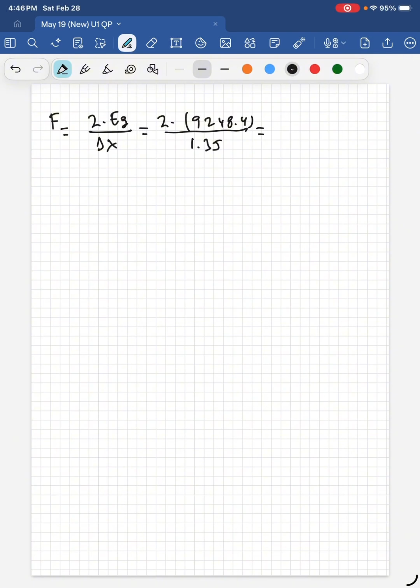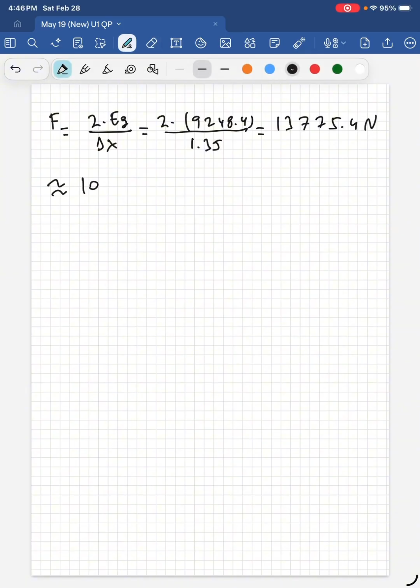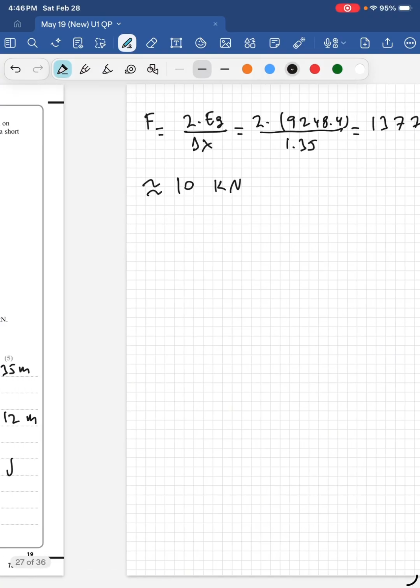This yields 13,775.4 joules. Sorry, newtons, not joules. This is a force. It's much larger than 10,000 newtons, but it's about that. So this is the answer.